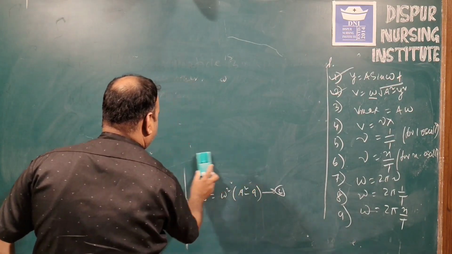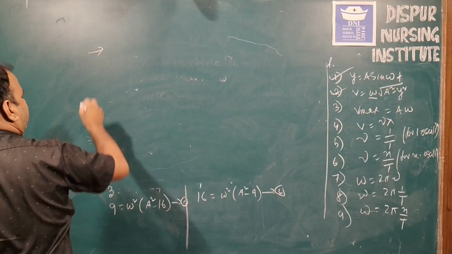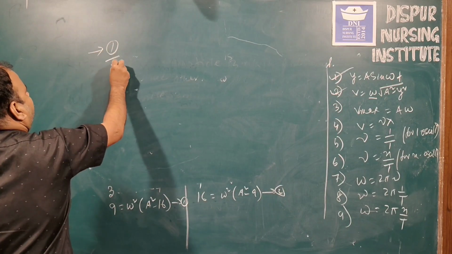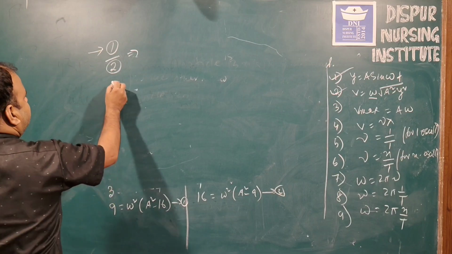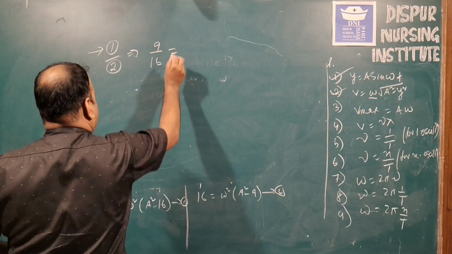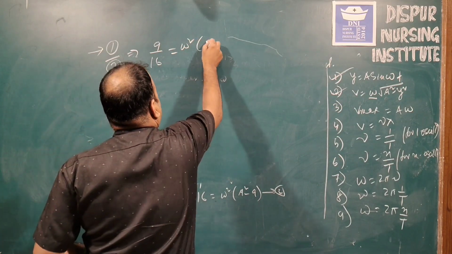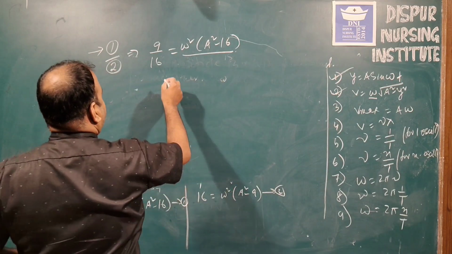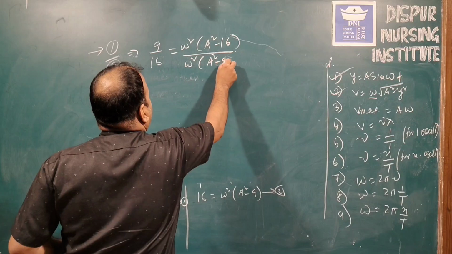We have to calculate the value of amplitude. So that is why you can see equation number 1 and equation number 2 given here. So we can write 1 by 2. Here 1 means 9 and 2 means 16, is equal to omega square a square minus 16 over omega square a square minus 9.